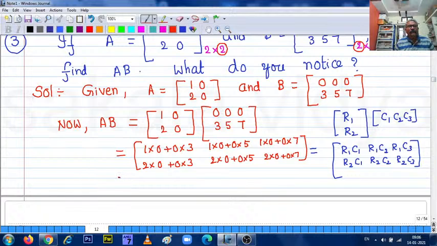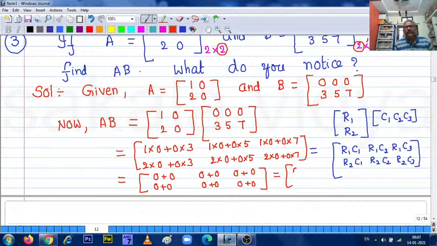So now, every entry is 0 plus 0, and you will be getting 0, 0, 0, 0, 0, 0. This is a null matrix, a zero matrix of order 2 rows and 3 columns.